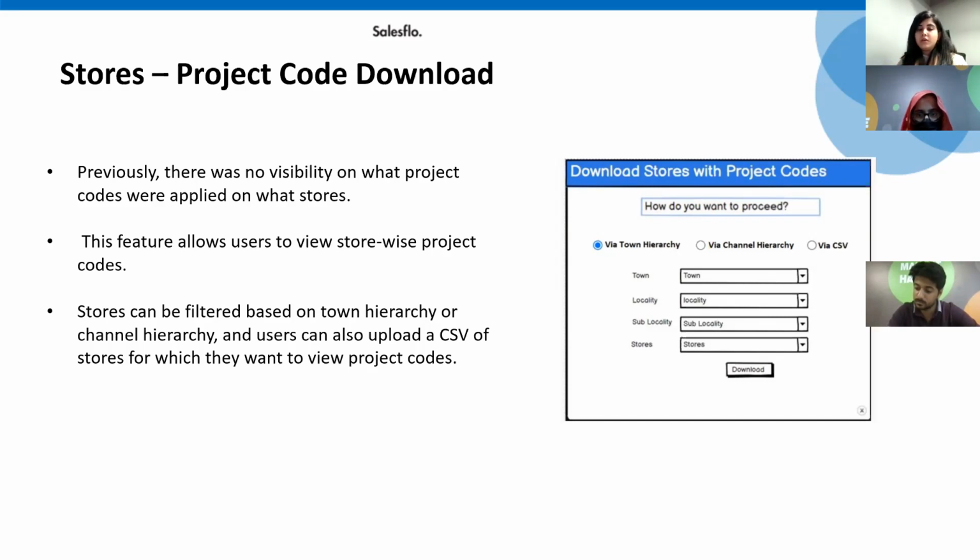So let's say you have 5 project codes in the system and in every project code your store is included, okay? But now if you have a number of project codes created in the system and you want to find out which store is part of which project code, you didn't have that visibility, right?